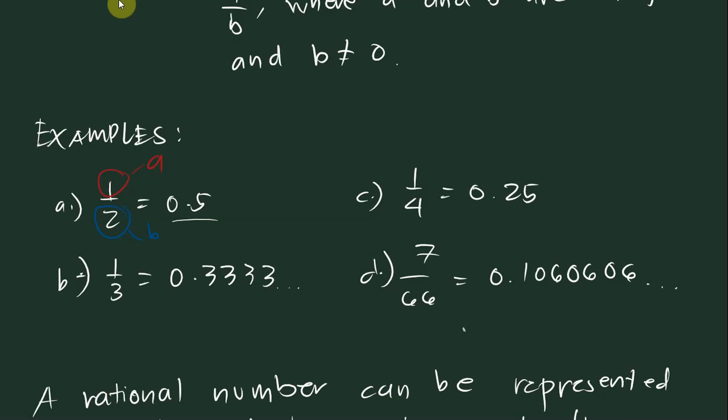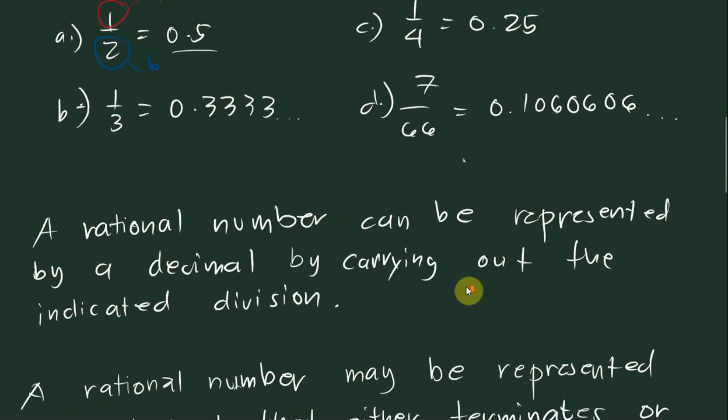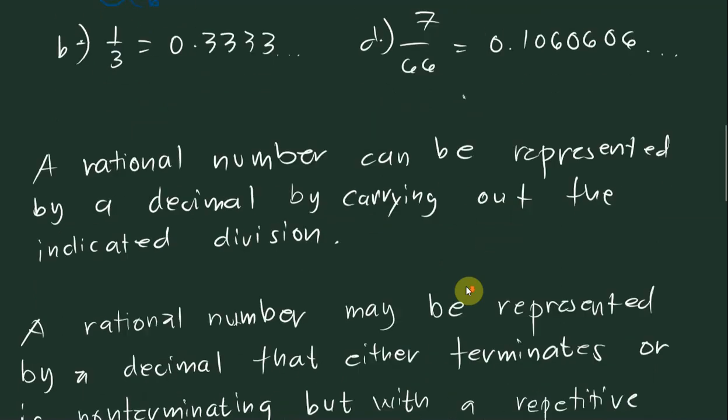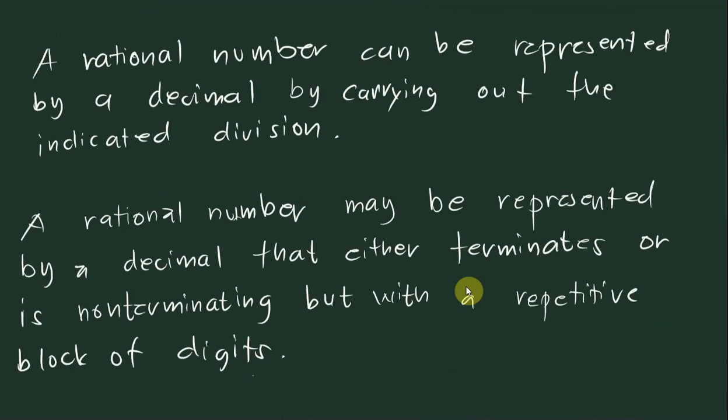So, what can we say about rational numbers? A rational number can be represented by a decimal, as you can see here, by carrying out the indicated division. If we carry out the division, we get the decimal value. A rational number may be represented by a decimal that either terminates or is non-terminating but with a repetitive block of digits.